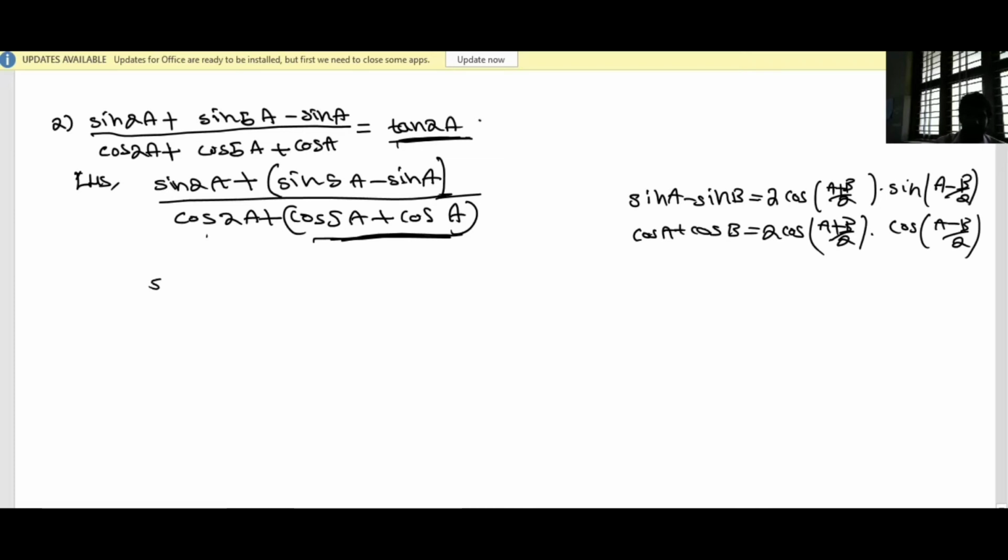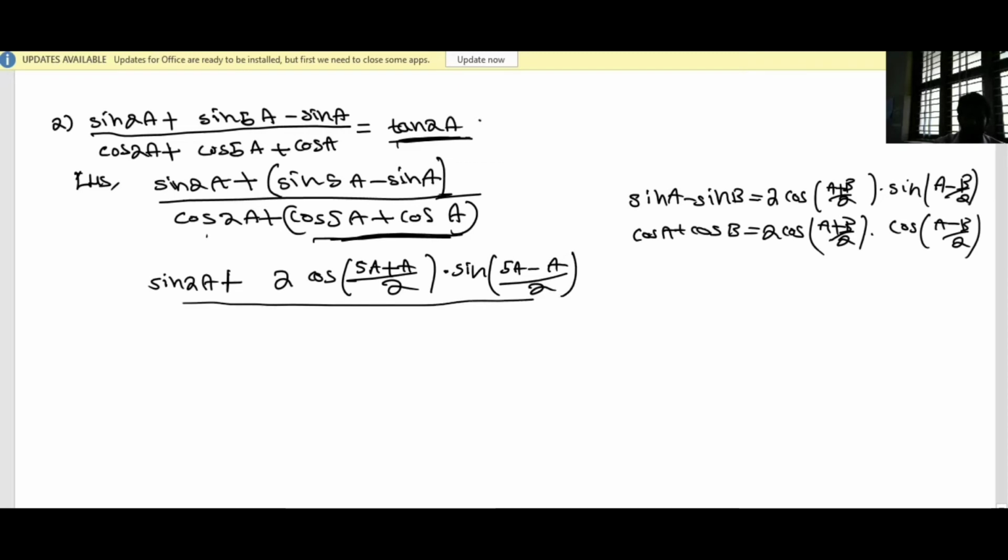Now see, keeping sin 2A outside, plus sin 5A minus sin A is 2 cos of (5A plus A) divided by 2 into sin of (5A minus A) divided by 2, divided by the denominator, where the first term remains the same, cos 2A, plus cos 5A plus cos A, which is 2 cos of (5A plus A) divided by 2 into cos of (5A minus A) divided by 2.